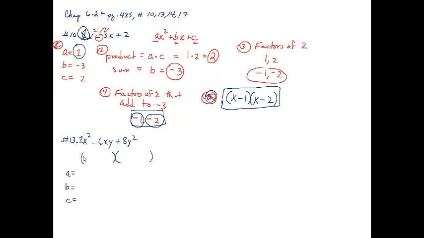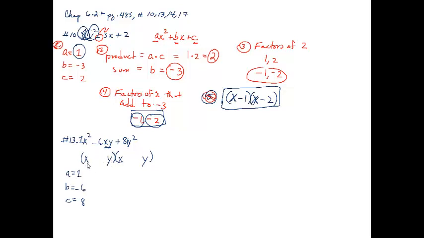Well, a is 1, b is negative 6, and c is 8. I have x squared as the first piece, so I'm going to have an x and an x. Look back at your last answer. The x's were the first terms in each group, and it gave me x squared. And then I need a y squared at the very end, which means the last terms in each group are going to be y, and that will take care of the middle term xy.